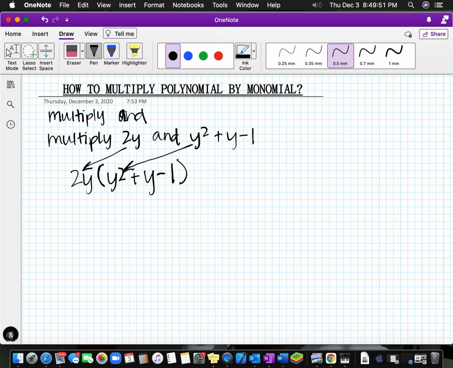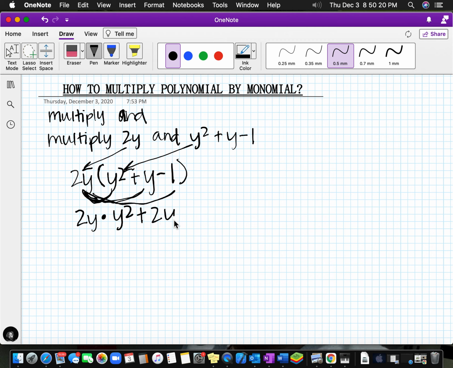What we're going to do is, you see 2y times y squared. Instead of just multiplying and putting the answer down, we're going to actually write out the multiplication. So 2y times, and we use a middle dot for algebra, y squared. Then you bring the addition sign and do the same thing for the rest of the terms.